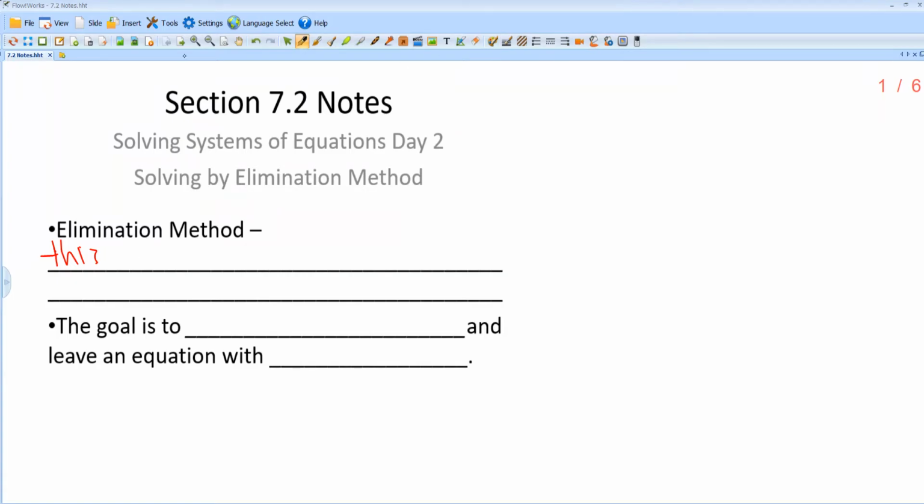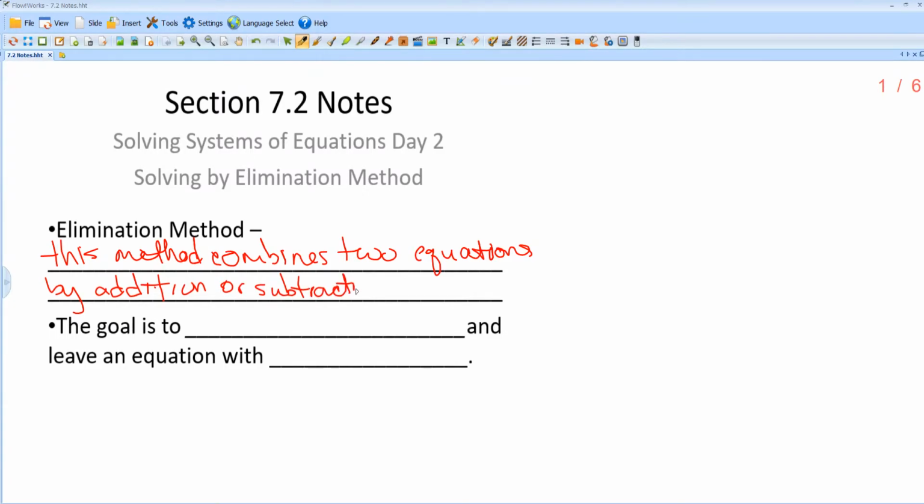This method combines two equations by addition or subtraction. And that's in order to create a new equation. That sort of goes off the page there. That's okay.